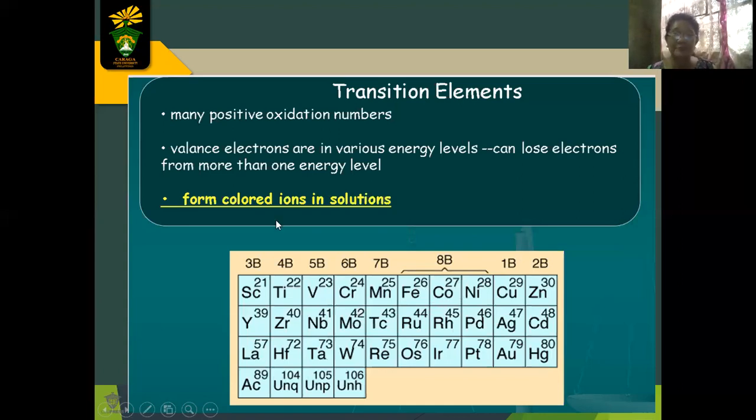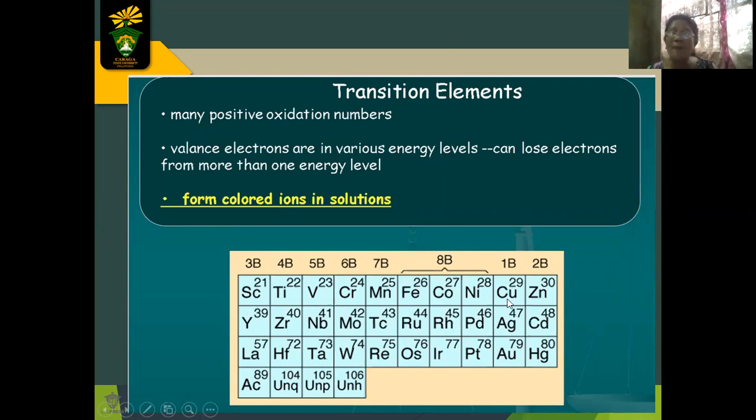Kaning uban, no? Then the valence electrons are in various energy levels. So they can lose electrons from more than one energy level because they have many positive oxidation numbers. So when this forms a solution, for instance, iron adds up with chlorine, you will have a yellow color. Colorful ni mga transition elements, basta mo react.